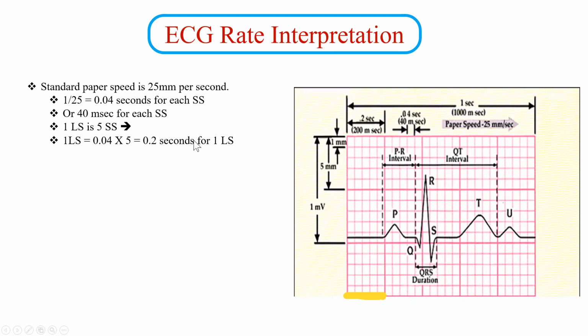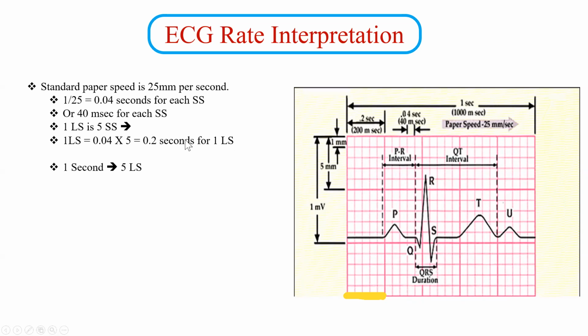So to eject one large square, it takes 0.2 seconds, which is the same as 200 milliseconds, but we don't use milliseconds here. I'm just telling you this to understand. So for one large square, we want 0.2 seconds.